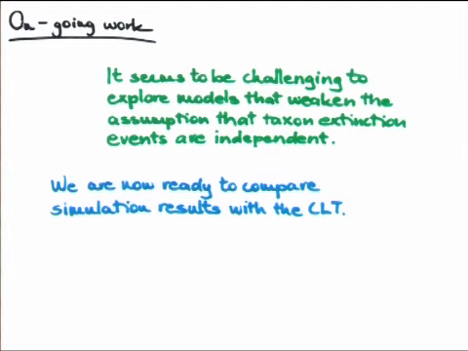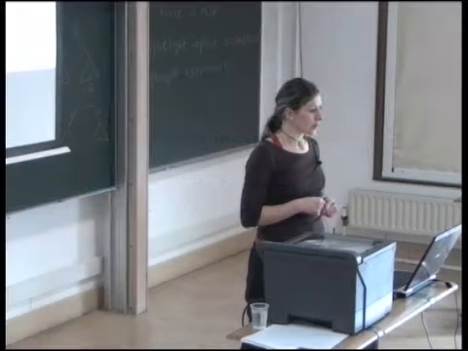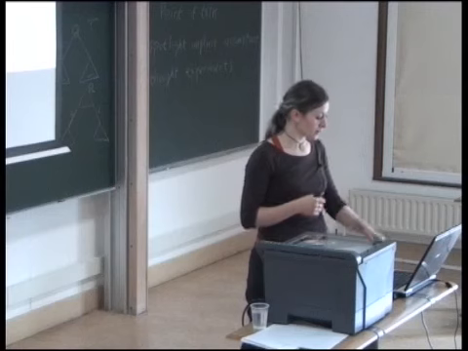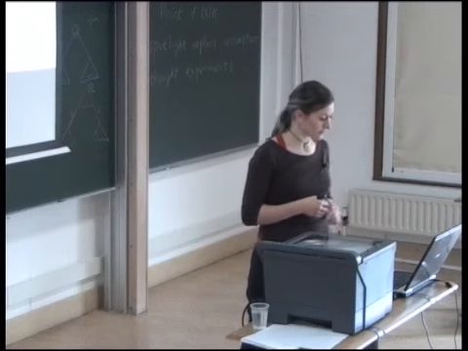Okay, and now what is left to do? One thing is that exploring models that weaken the assumption that taxon extinction events are independent would be interesting, and it would be great to simulate the distribution of phi and compare the results with the theoretical result.